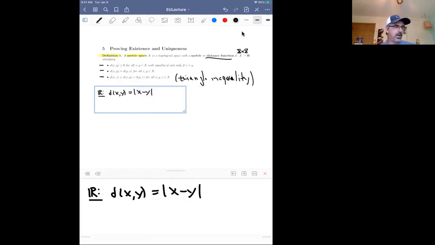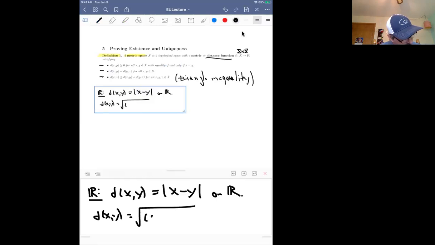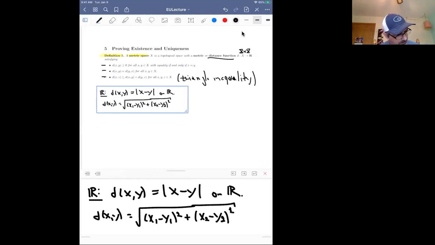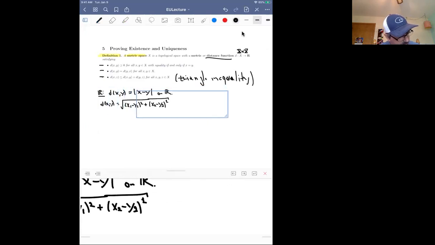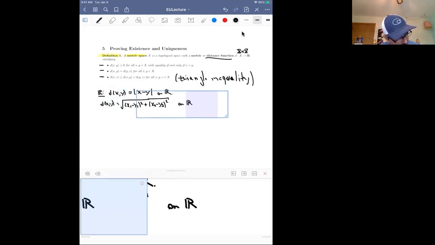Some examples: absolute value on the real line is a distance function. Another example would be the distance between x and y equal to the square root of (x1 minus y1) squared plus (x2 minus y2) squared, on R2.